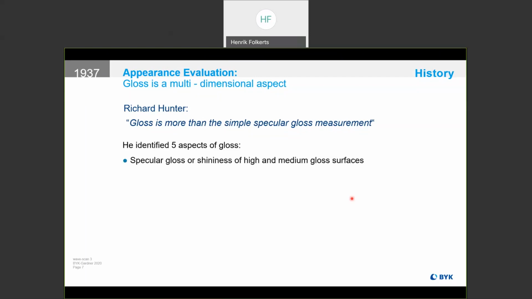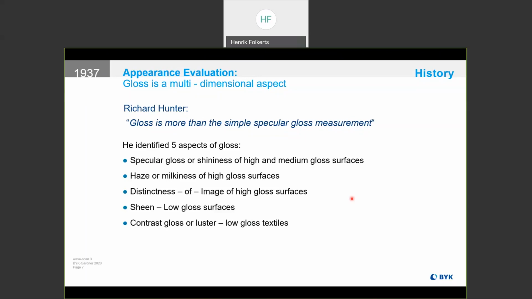And he defined then 5 aspects of gloss, some for the high gloss range, some for the medium gloss or low gloss range. And in the first place, of course, the specular gloss of high to medium gloss surfaces, then focusing more on very high gloss surfaces. He also introduced the haze and milkiness, besides also distinctness of reflected image, which is more or less the sharpness of an outline of an object.